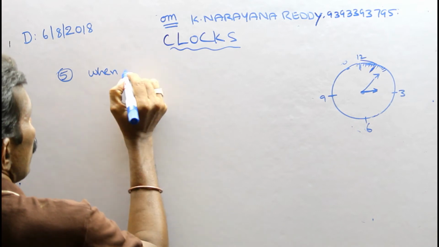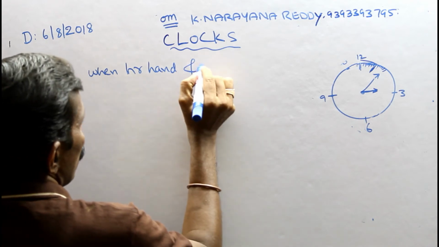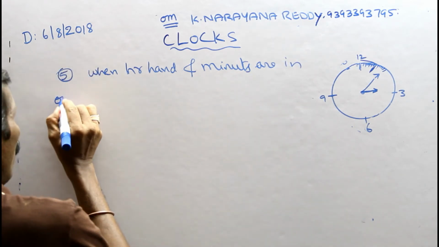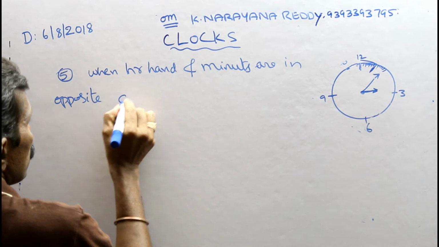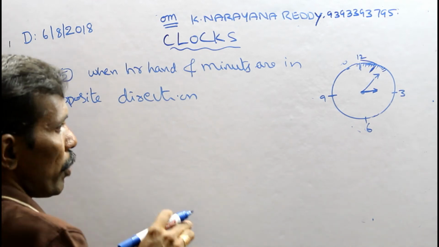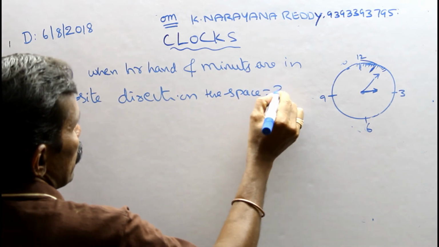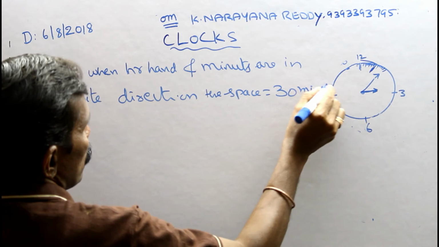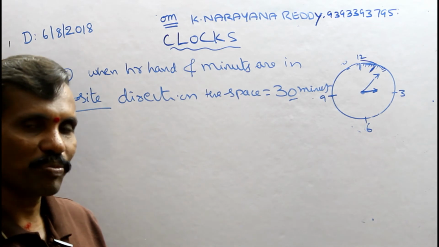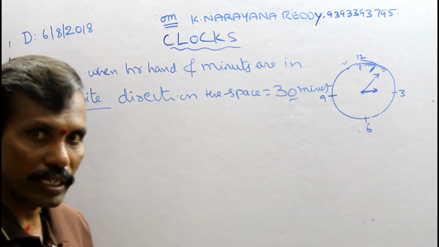When the hour hand and minute hand are in opposite direction, the space equals 30 minutes. When they coincide, no space is there. But when they are in opposite direction, they are 30 minutes apart.